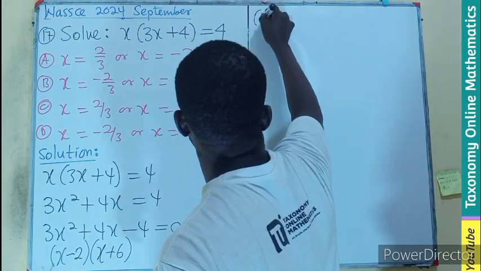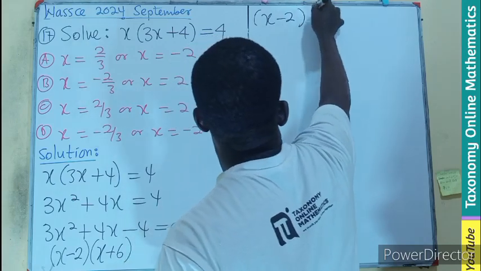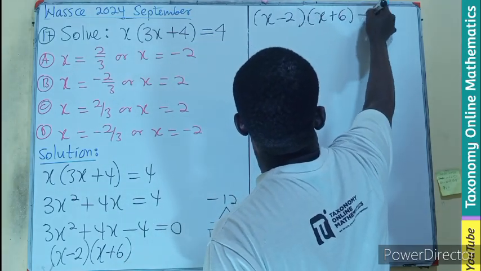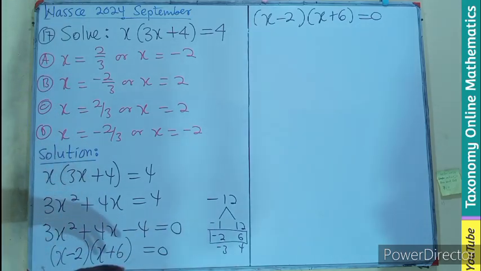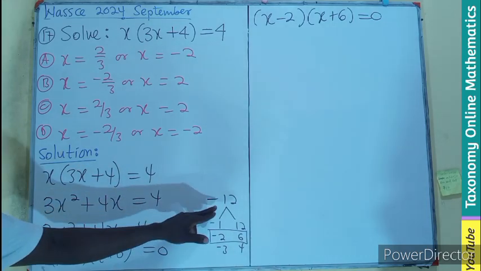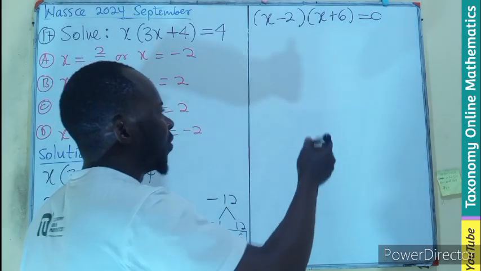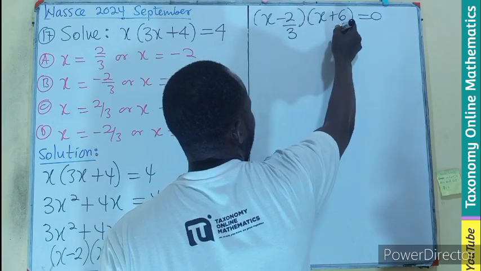So this is going to be (x - 2)(x + 6) = 0. But don't forget, before we found the factors, we didn't find the factors of minus 4, but rather 3 times minus 4.